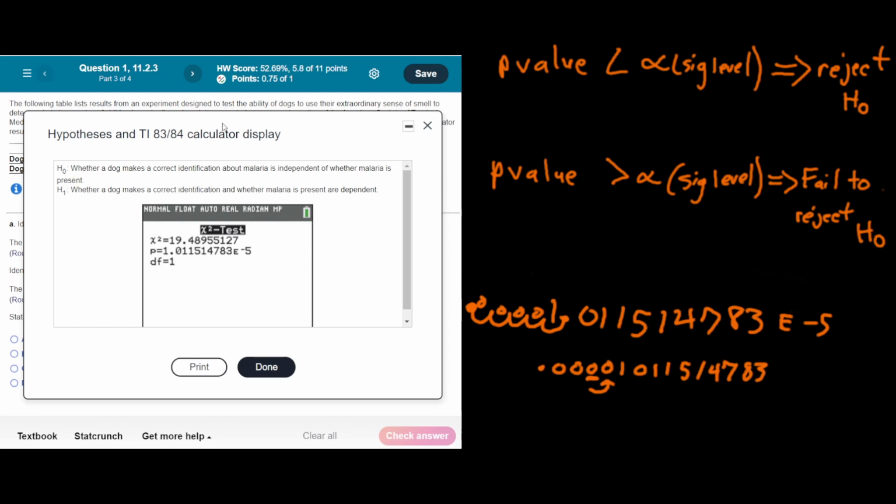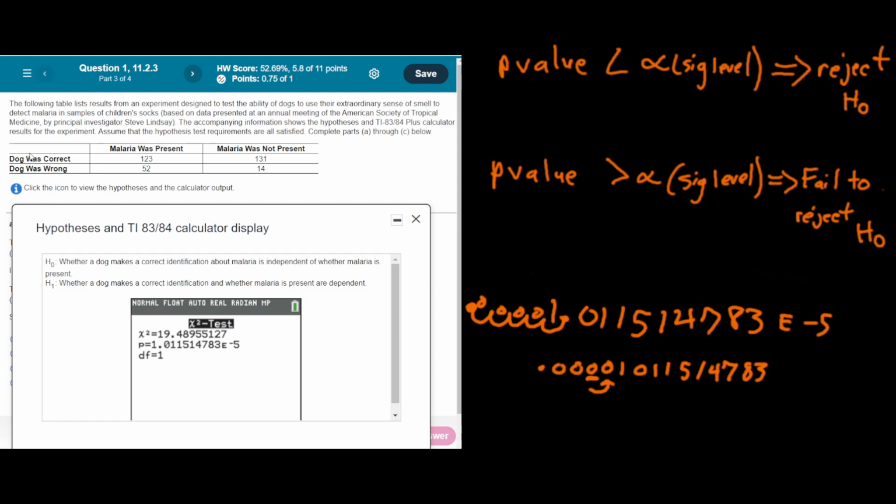So the identification portion is whether the dog was wrong or correct. So that's the row category. And we want to state that it's independent of the column category, which is whether malaria is there or not. So malaria is present or not. So your H0 will always be the row independent of the column or vice versa.